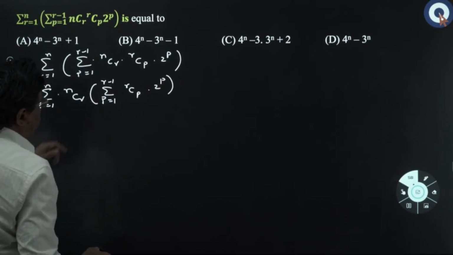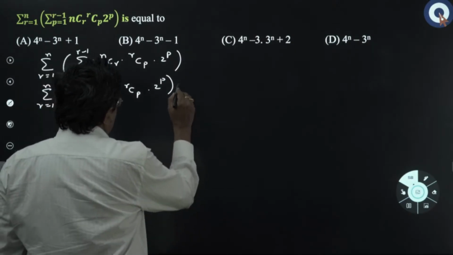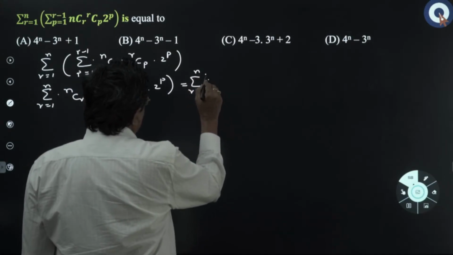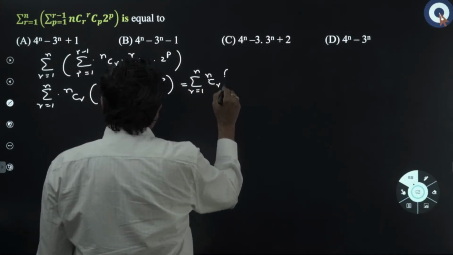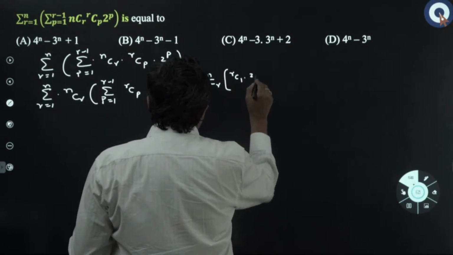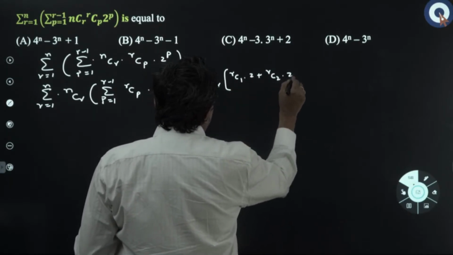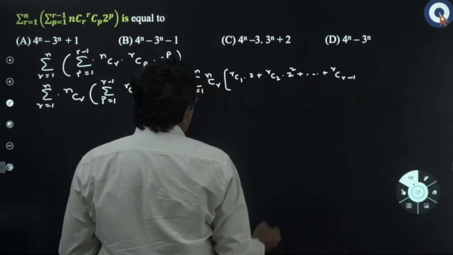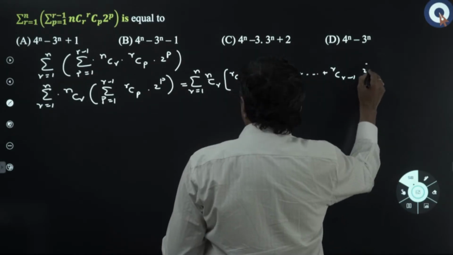So, basically what is this? This is sigma r is equal to 1 to n, NCR into, this is nothing but RC1 into 2 plus RC2 into 2 square plus so on plus RC(r minus 1) into 2 to the power of r minus 1.